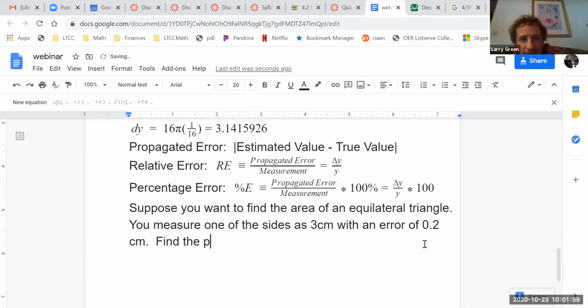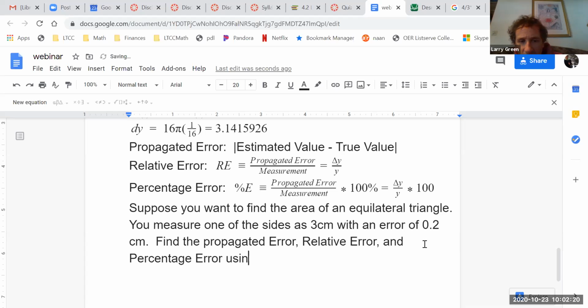Find the propagated error, relative error, percentage error, using calculus. All right, using differentials. Any questions at all on the question?